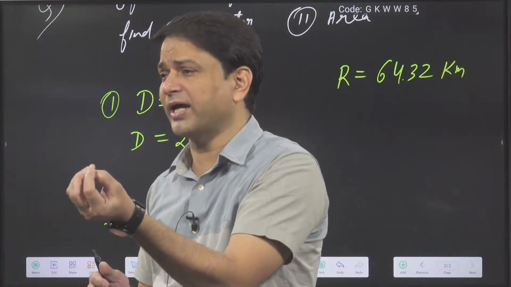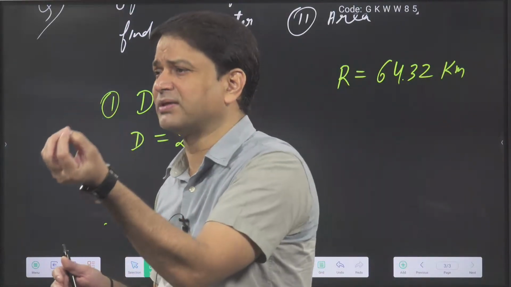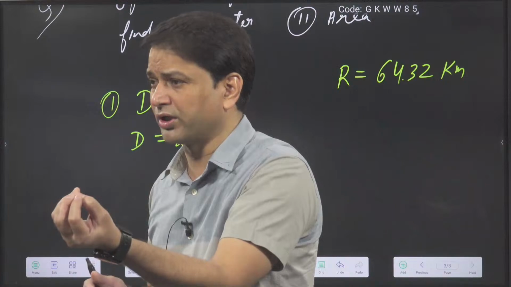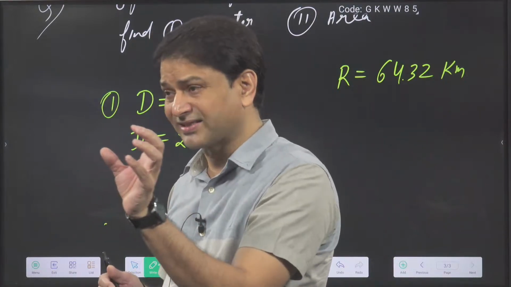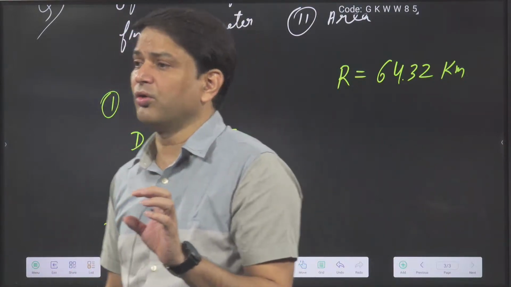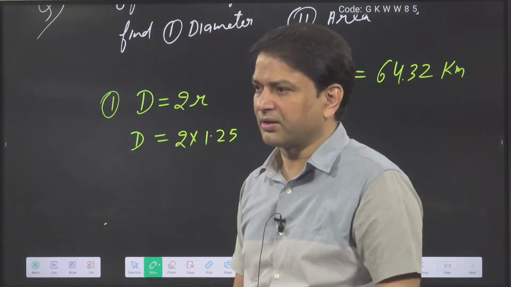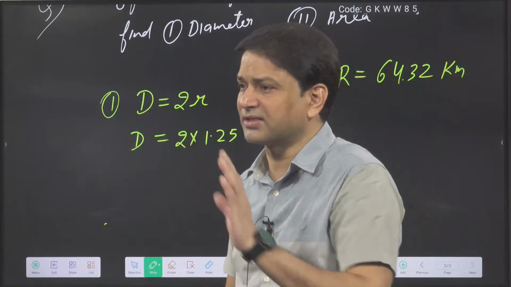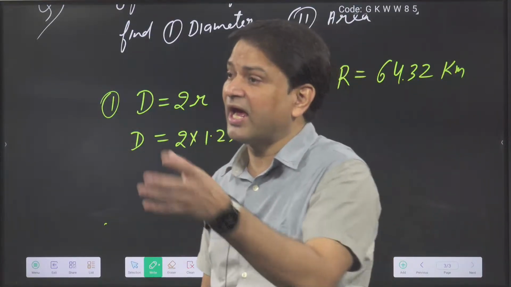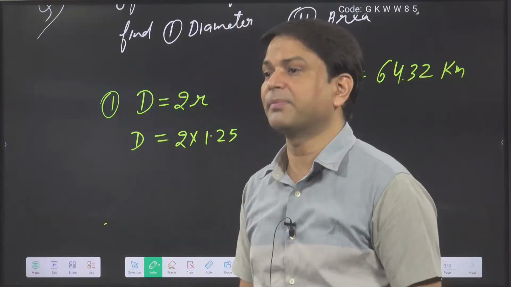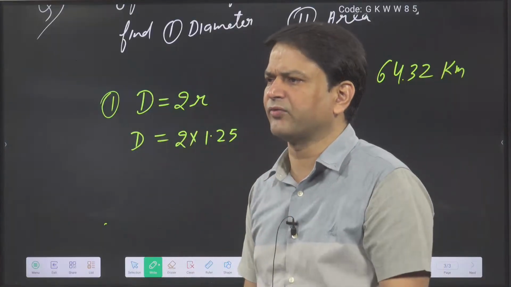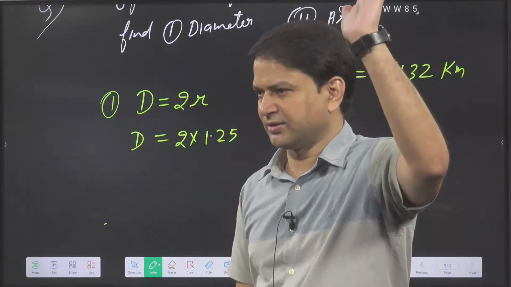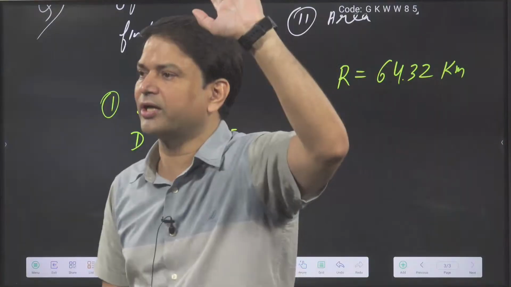This 2 is not any measurement, not any experimental data, not any physical quantity. It is representing only an exact number. So when you have an exact number, it is not a measurement, and it can have infinite significant figures.